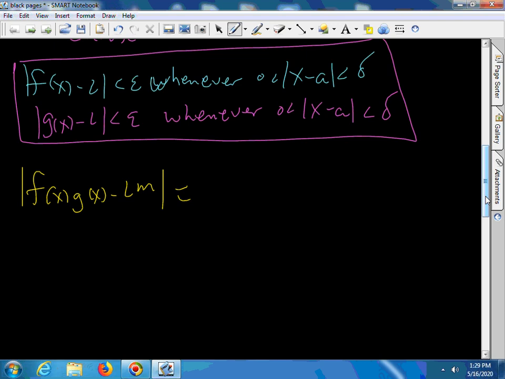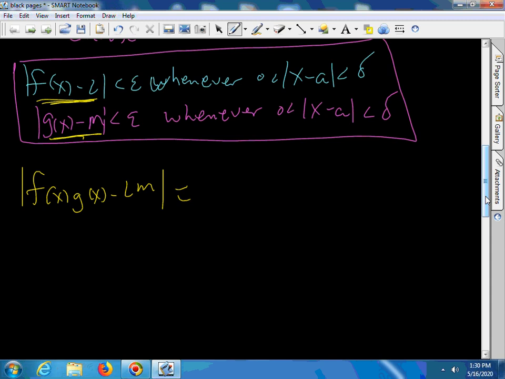Well, I want to get it to have f of x minus L. Oops, I do have one typo. That should be an M right there. So I want this last line to have f of x minus L and g of x minus M.